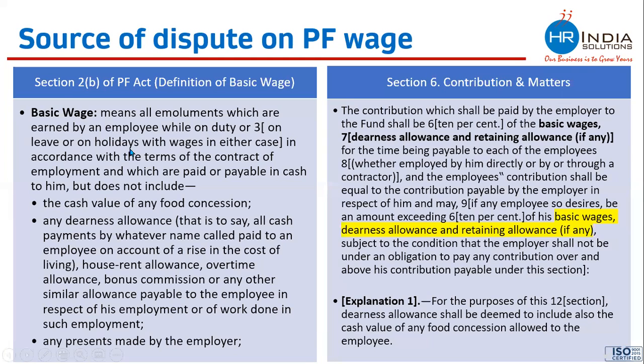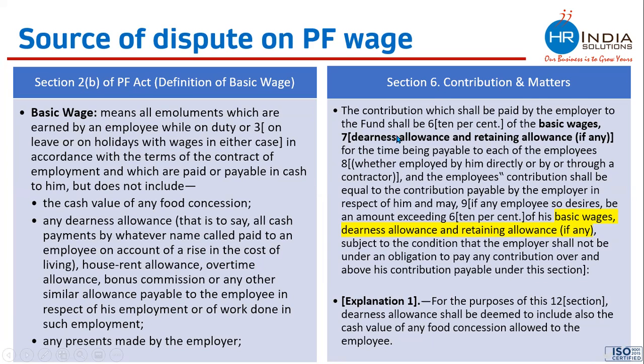Basic wages is the wages of a person which he normally gets every month, which includes all kinds of allowances: dearness allowance, house rent allowance, overtime allowances, bonus, commissions, or any other similar allowances.